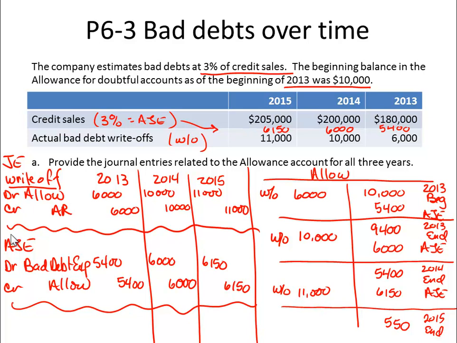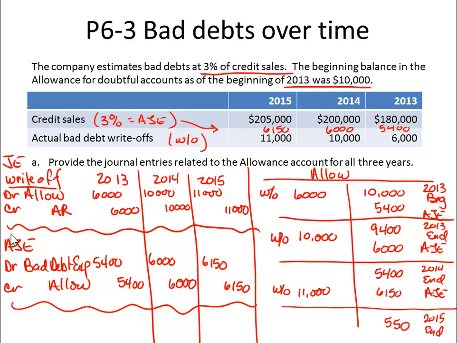This is for your information kind of thing. It's again about bad debts over time and making those entries to write off and making those entries for the adjusting journal entry. And the adjusting journal entry is 3% of credit sales. So if I know what credit sales are in 2013, 14, and 15, I can figure out what that adjusting journal entry is.